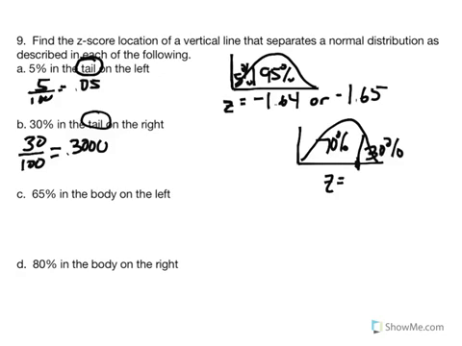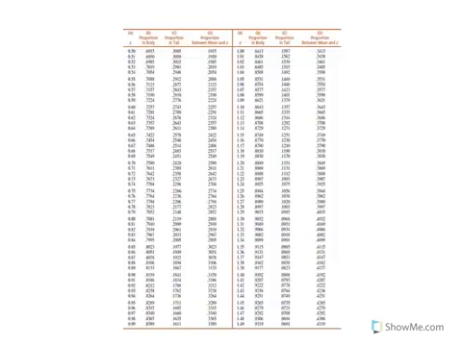Okay, so again, I'm looking for the z-score that corresponds to the value in column C, the area of the tail that represents 30%. So I'm looking for 0.3000 in column C, and again, I'm not going to come up with an exact value, but I want to report the value that's closest.